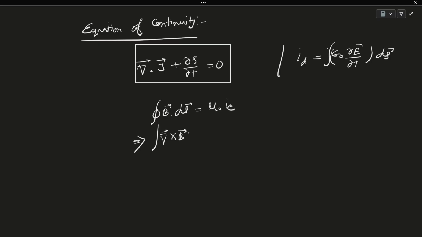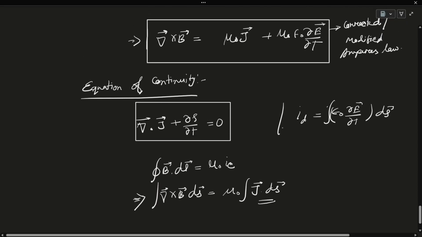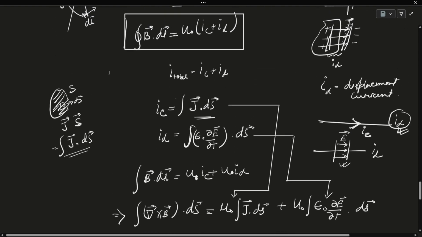Del cross B dot ds will be equal to mu naught, and IC can be written as J dot ds. I have already proved this to you.